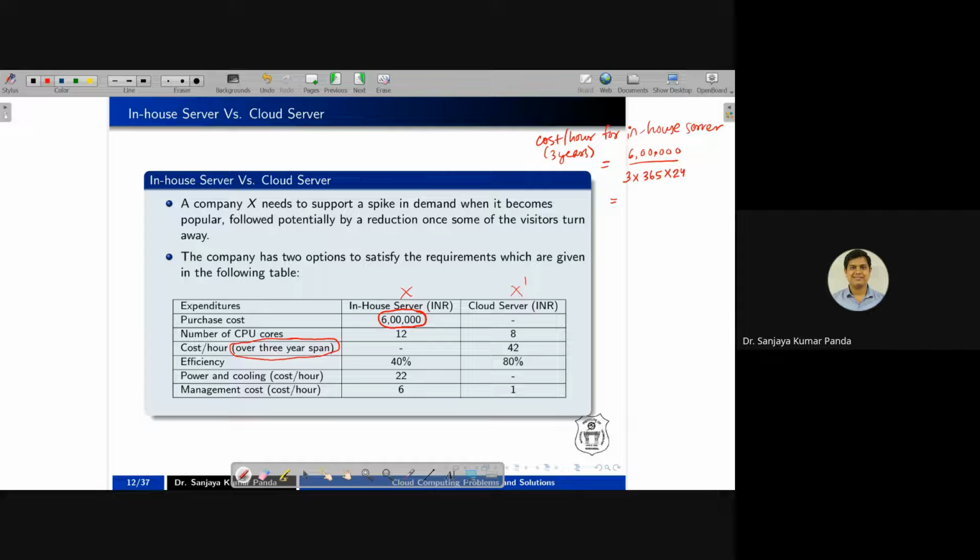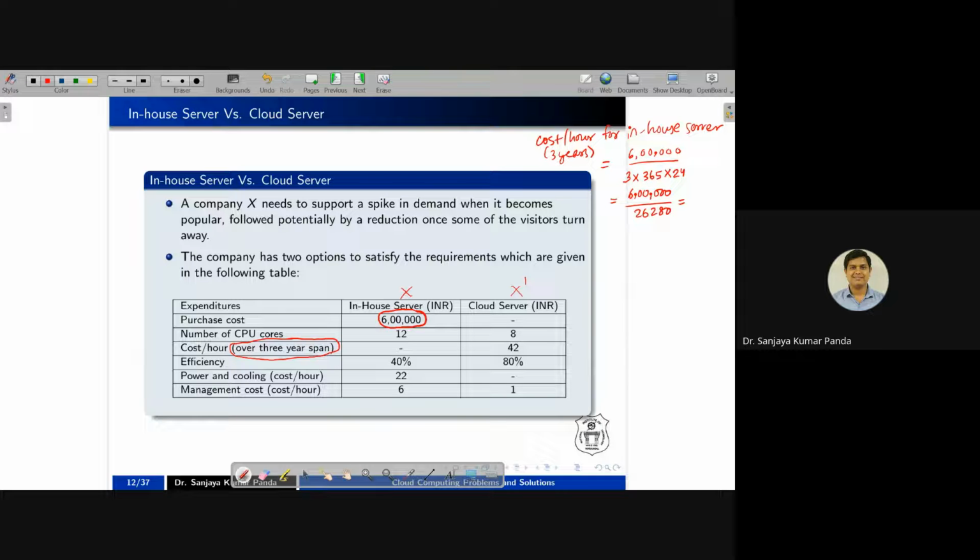Can anybody answer? Use your calculator and solve it. So I think you will get 6 lakh divided by 26280. Okay.